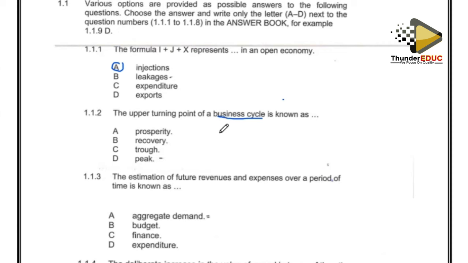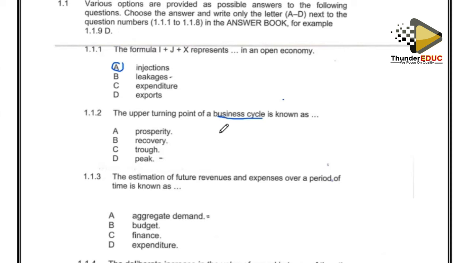When you check the business side, businesses are not generating enough profit. Also, when it comes to the foreign sector, we have more imports than exports. While under a boom or a peak, that's where an economy is having more exports than imports. Remember, grade 12, it is healthy for any economy to have more exports than imports.